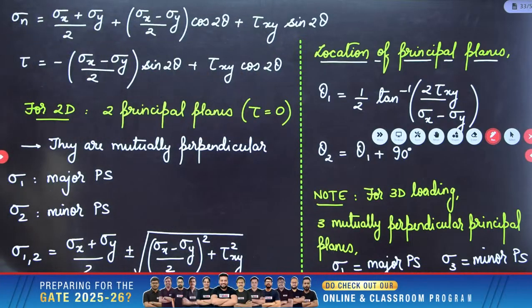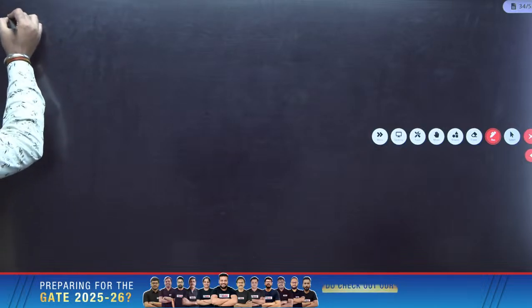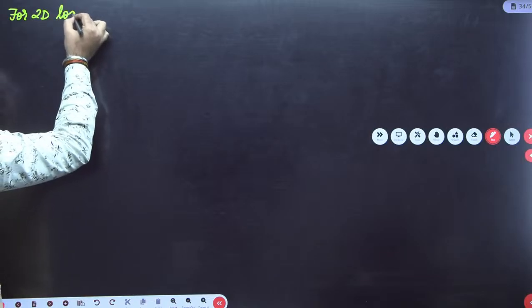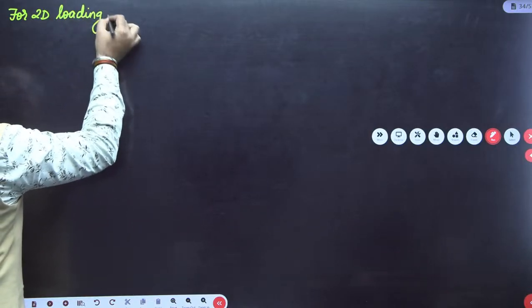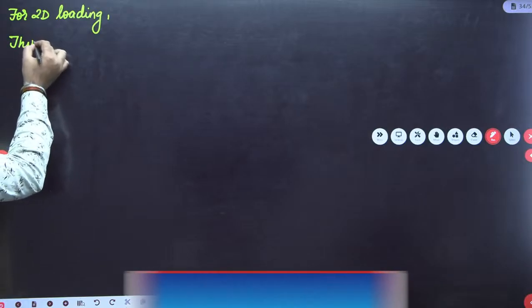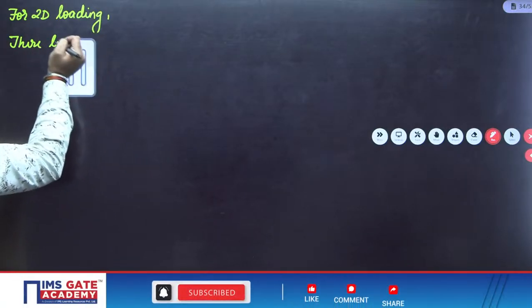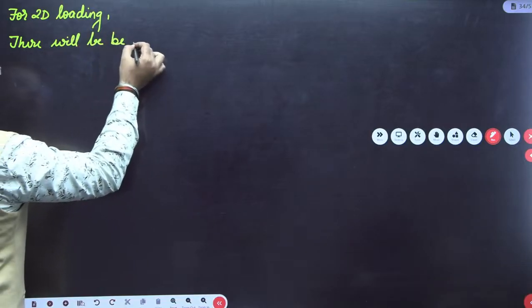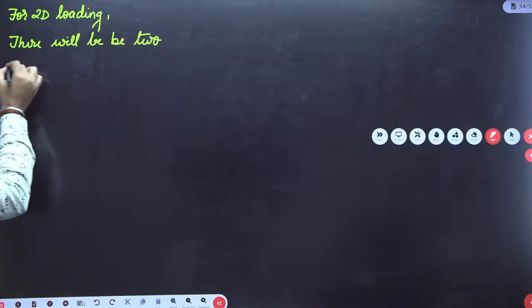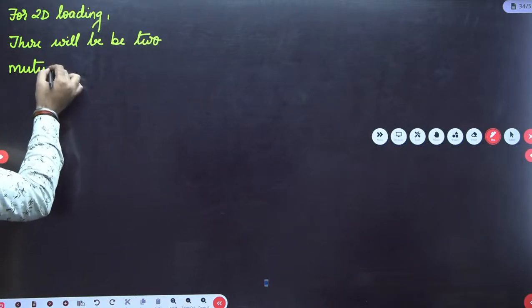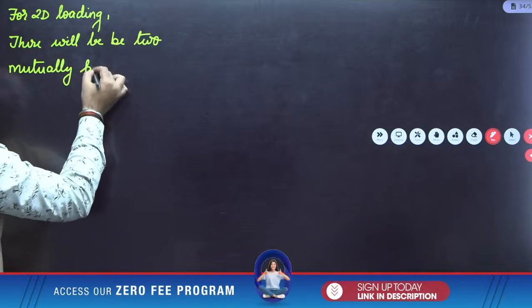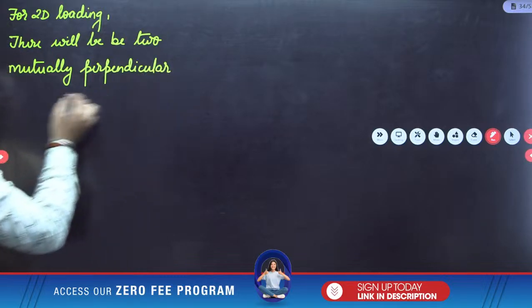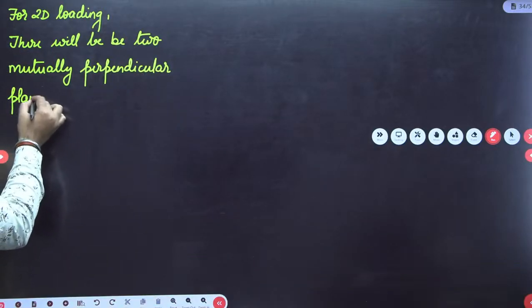So for 2D loading, there will be two mutually perpendicular planes of maximum shear stress.